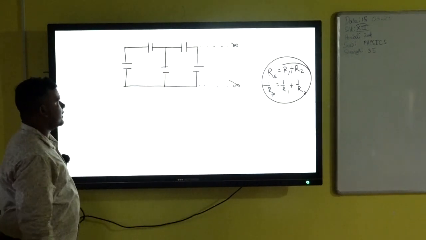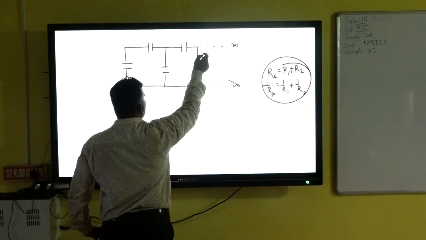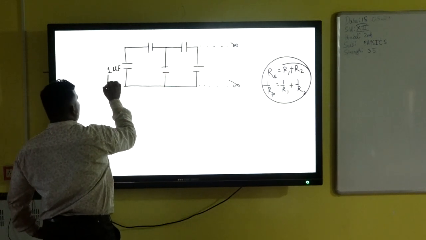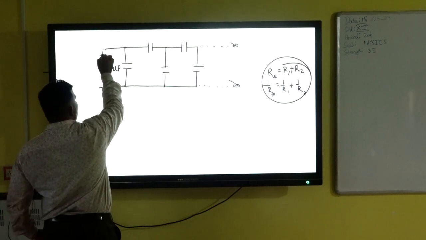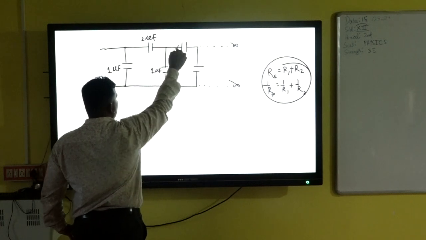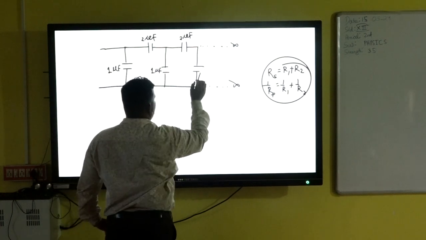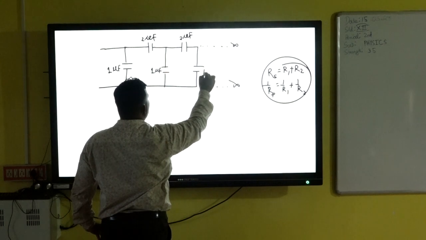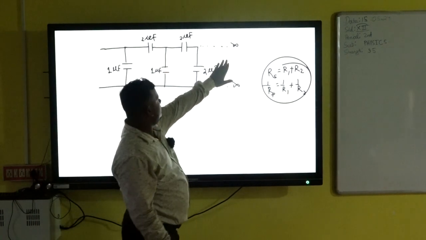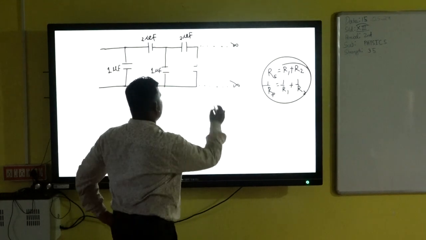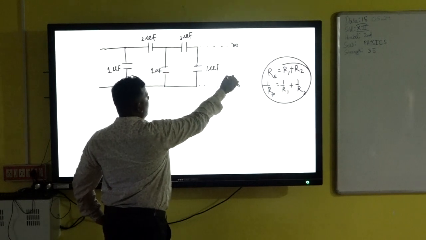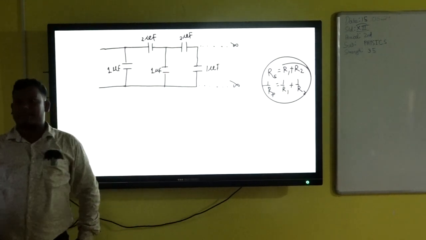This is an infinite circuit, and the total capacitance is 1 microfarad here, and here 2 microfarad, here is 1 microfarad, here is 2 microfarad, and here is 2 microfarad. Okay, sorry, 1 microfarad. So I have to find the total capacitance of this infinite circuit.